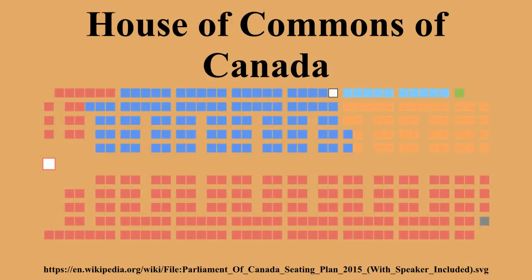Thus, minors and individuals who are not citizens of Canada are not allowed to become candidates. The Canada Elections Act also bars prisoners from standing for election. Moreover, individuals found guilty of election-related crimes are prohibited from becoming members for 5 years after conviction.